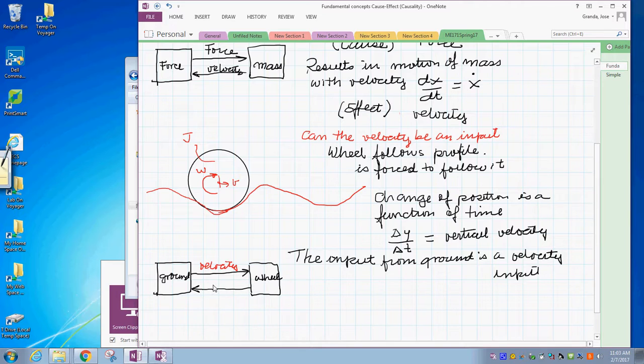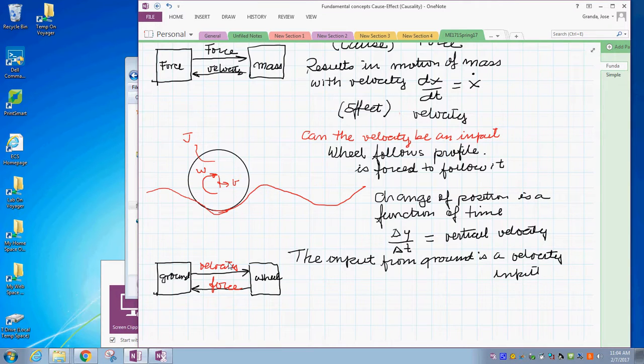And the consequence of this is the force. So you see, you could follow in a motorcycle the profile of this suspension system, this force to follow the vertical profile.